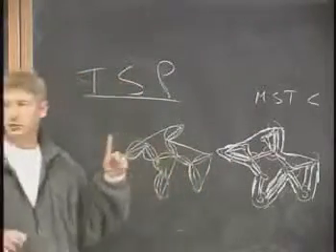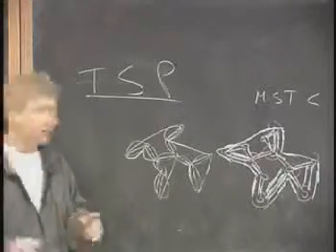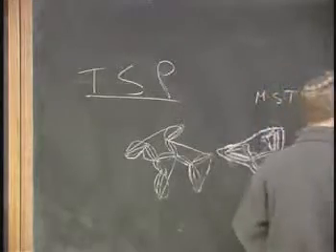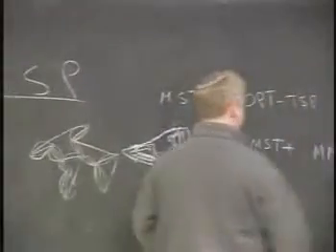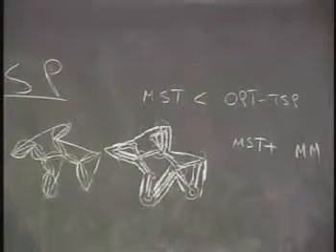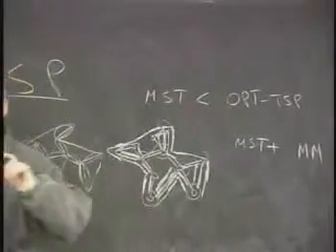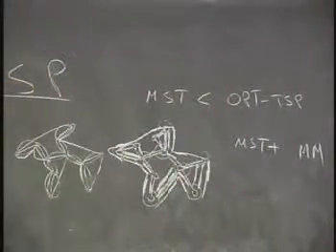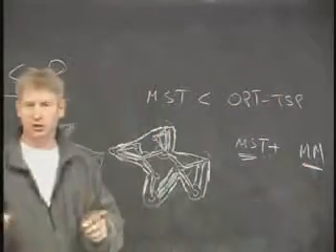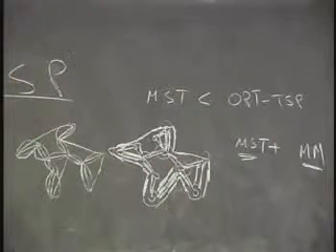So the purple double visit tour is going to be no bigger than the minimum spanning tree plus MM, the minimum matching green arrows. Add all the green arrows to the spanning tree. That's my tour that I got. So I got the minimum spanning tree plus this. What's left to do is I have to show you that these green arrows are at most half the spanning tree.